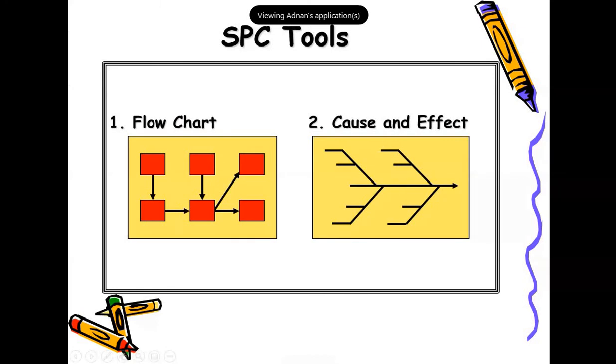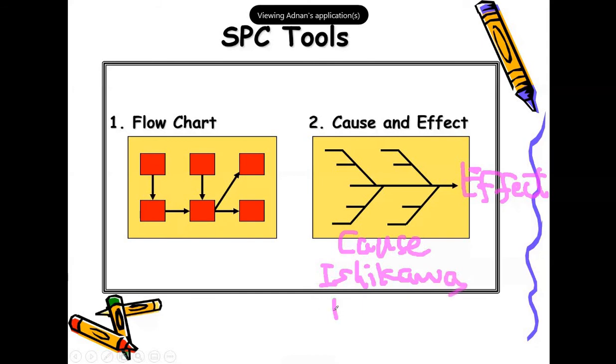What we use here in the cause and effect diagram is we try to see what the causes are and what the effects are. The shape looks like a fishbone, and sometimes it's also called the Ishikawa diagram, because Ishikawa is Japanese and he introduced this diagram.